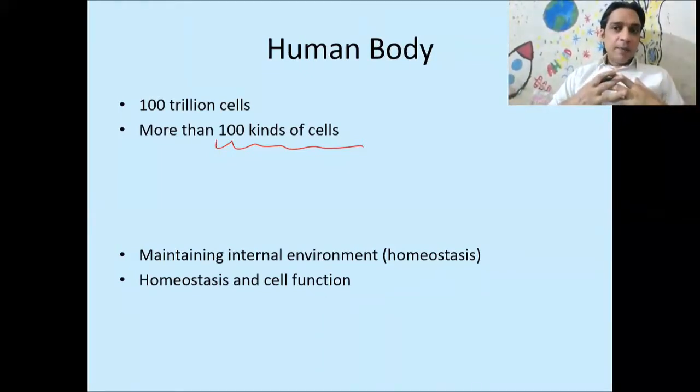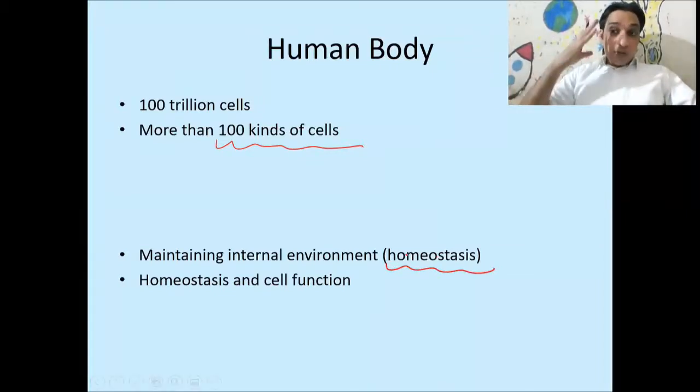So we need to maintain the internal systems. We need to create optimal conditions for the efficient execution of all the functions present within that boundary. Maintaining that environment is what we call homeostasis, that allows the human system and life to execute the functions in the most efficient manner.